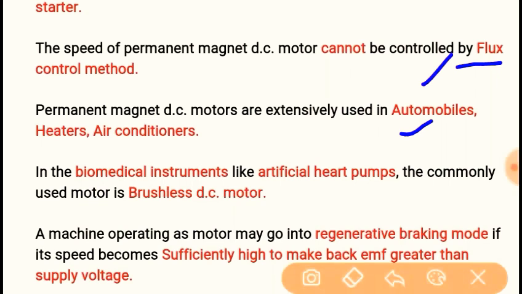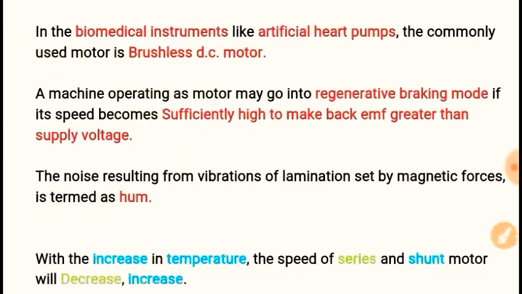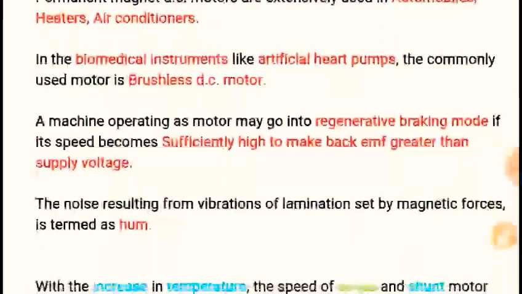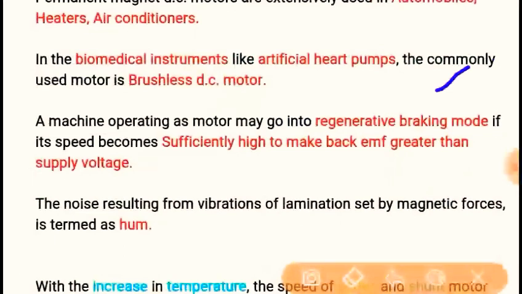Permanent magnet DC motors are extensively used in automobiles, heaters and air conditioners. In biomedical instruments like artificial heart pumps, the commonly used motor is the brushless DC motor.